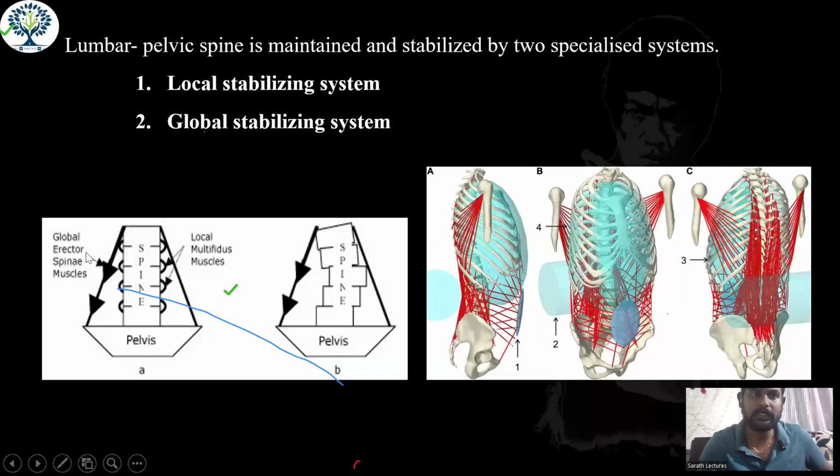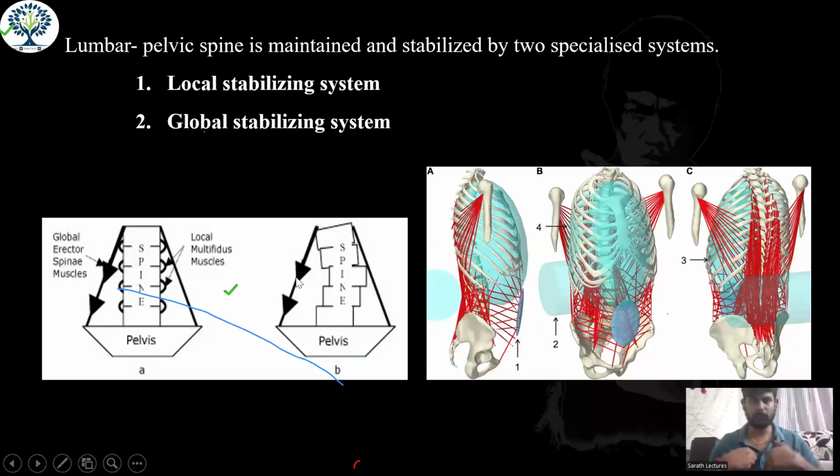That is the function which is done by the erector spinae muscle. But if there is no local stabilizer like the multifidus, whatever we tie, if we do any movement, for example, if you are tying with both sides equal tension, it will be stable.